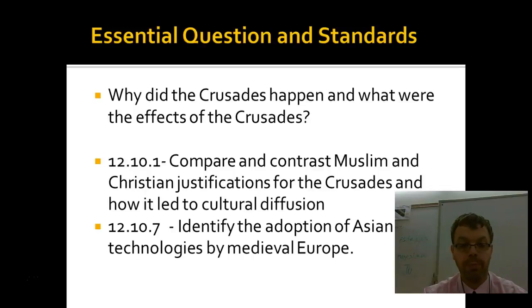Our two standards are: compare and contrast Muslim and Christian justifications for the Crusades and how they led to, one of my favorite words, cultural diffusion. And the next one is: identify the adoption of Asian technologies by medieval Europe. So Europe is going to get a lot of this good stuff that Asia had, especially from the Silk Road, and it's going to diffuse and make its way into Europe.